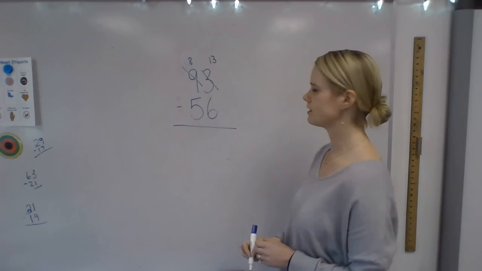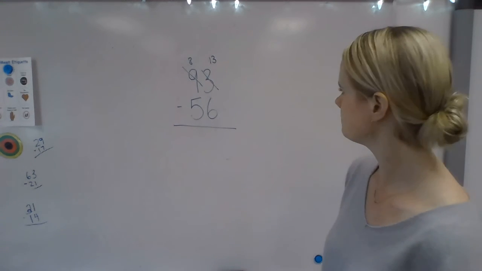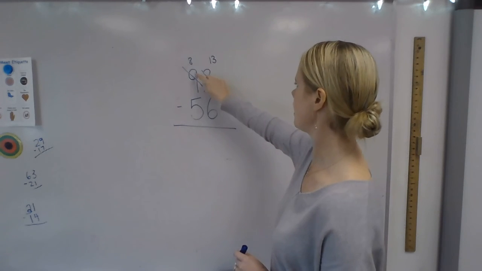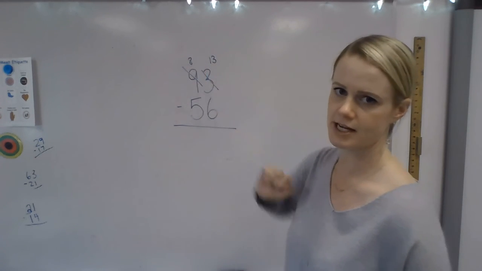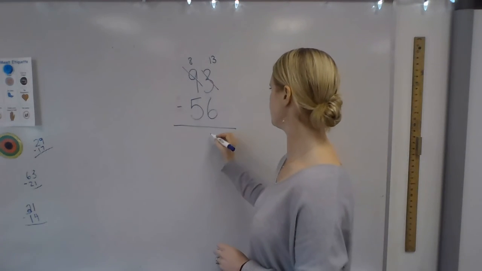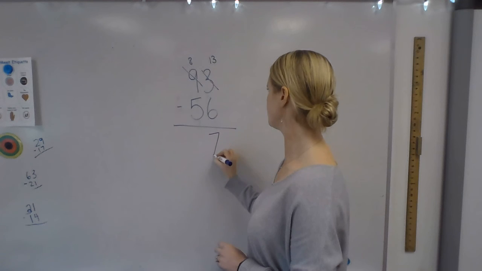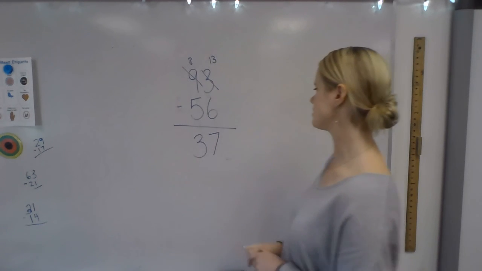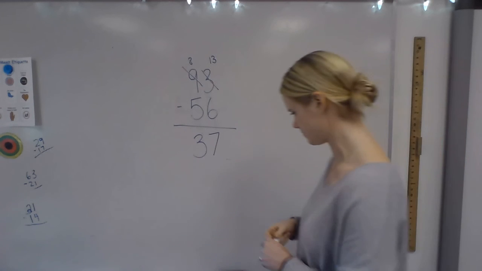I hope you're starting to see the pattern. Okay, the 3 becomes a 13, just add the 1 in front, and the 9 goes down by 1 every time. 13 minus 6 is 7. And 8 minus 5 is 3. So 93 minus 56 is 37.